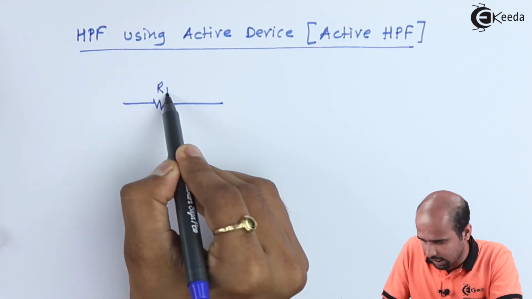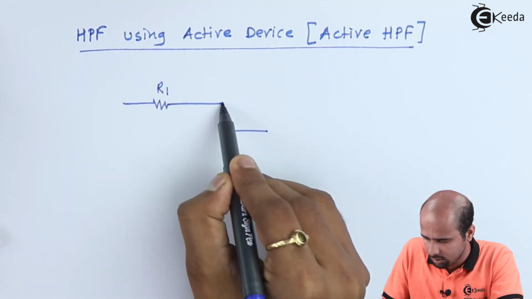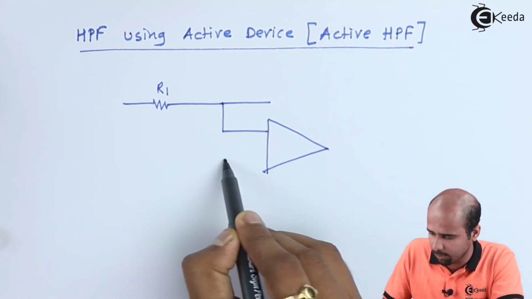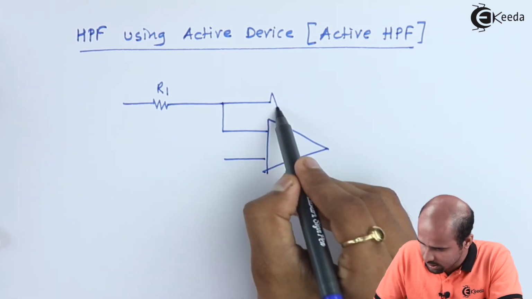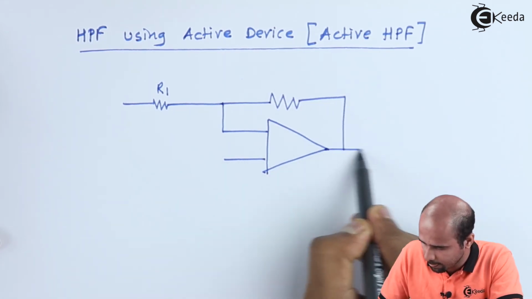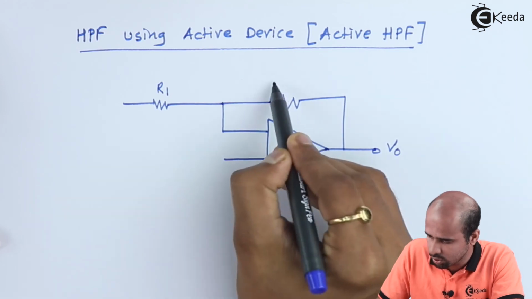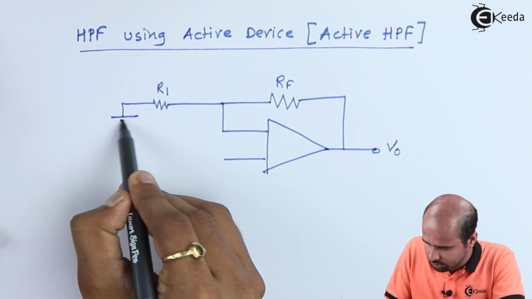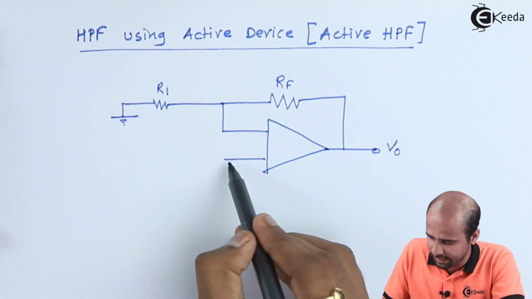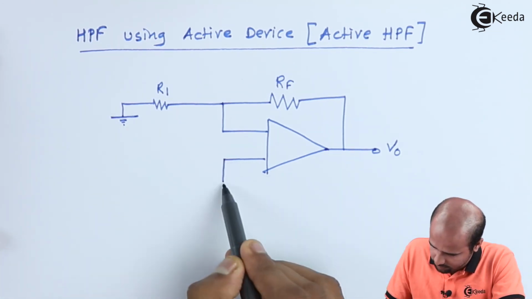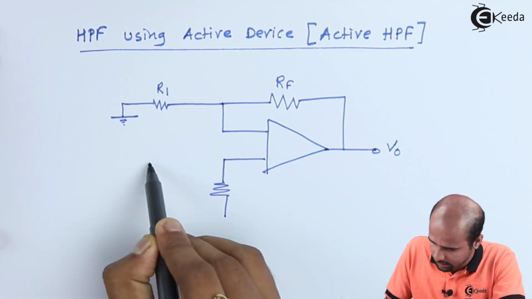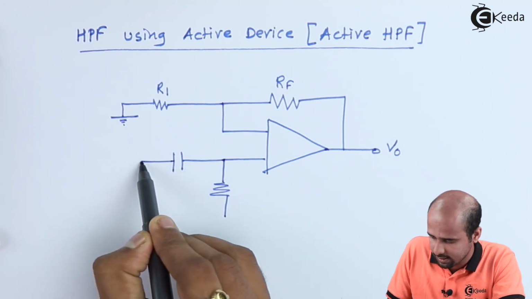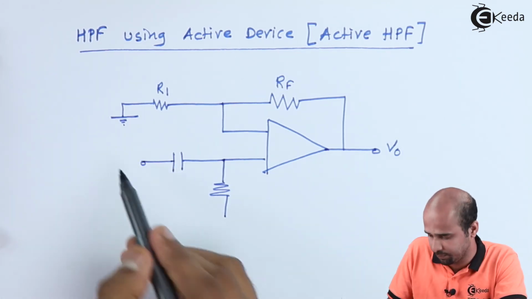This is resistance R1. This node is coming towards the inverting terminal of the operational amplifier. This is your RF. This is VO, RF. This is coming to ground, and here we will apply the passive circuit, which is called a high pass filter.